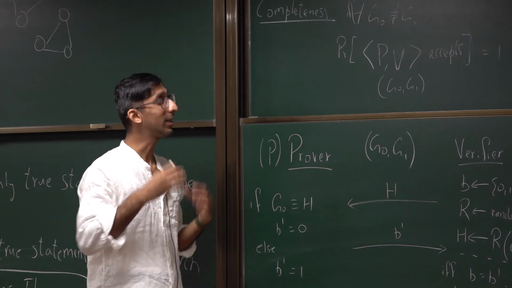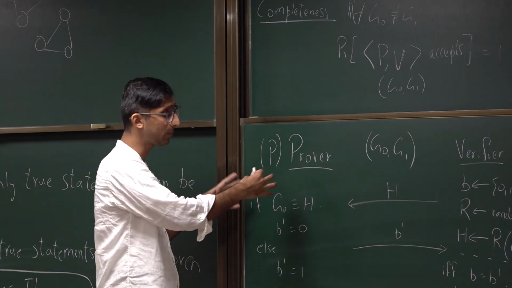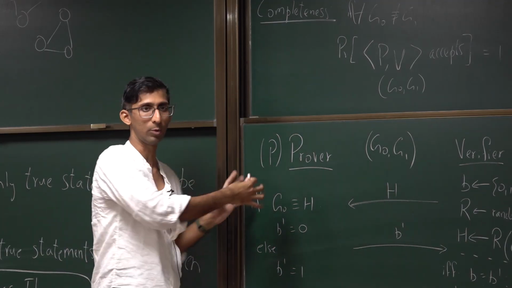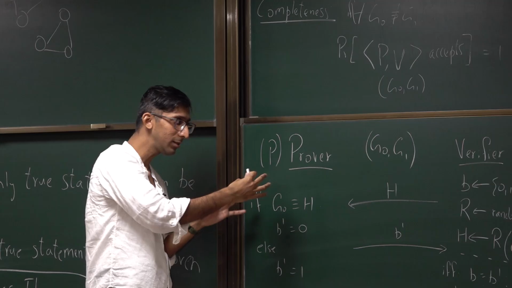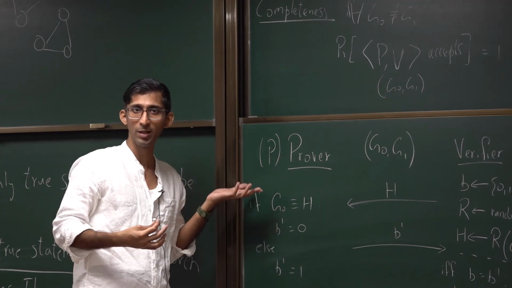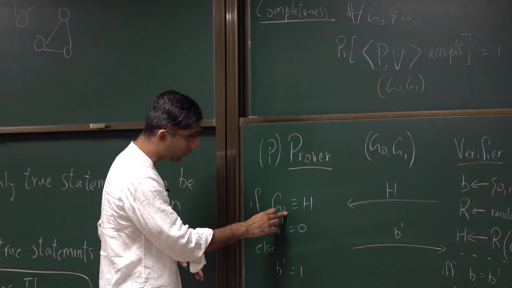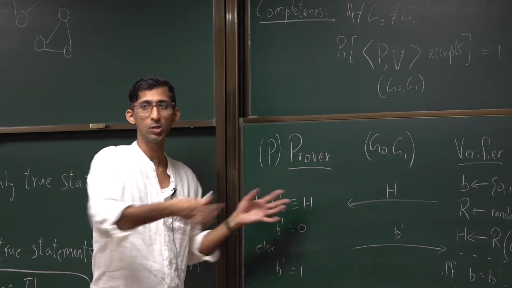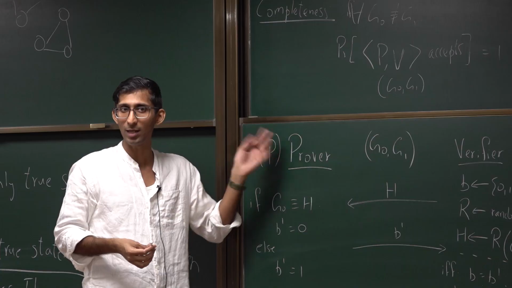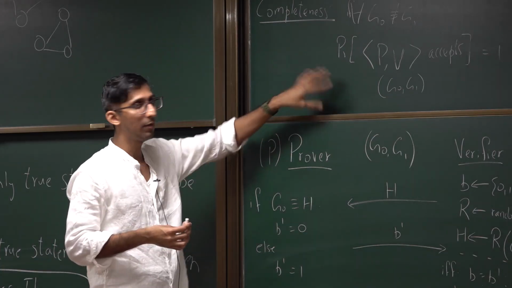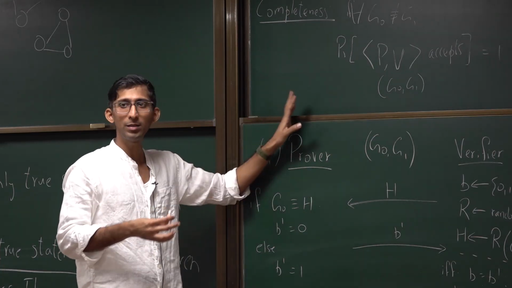You want to say that X is the prover algorithm, and in fact, as part of the protocol description, I am giving you the prover algorithm. There may exist other prover algorithms that have the same property. For example, if I put G1 here and 1 here and 0 here, that would also work.